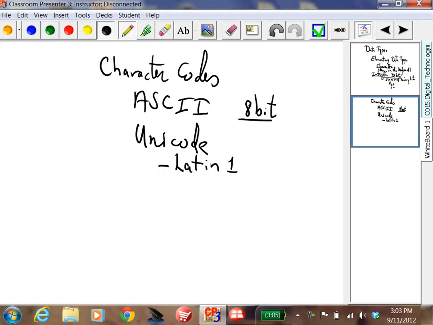Unicode is basically 16 bits, but there are some parts of Unicode that are 24 bits and 32 bits. So it's a monster thing, okay?